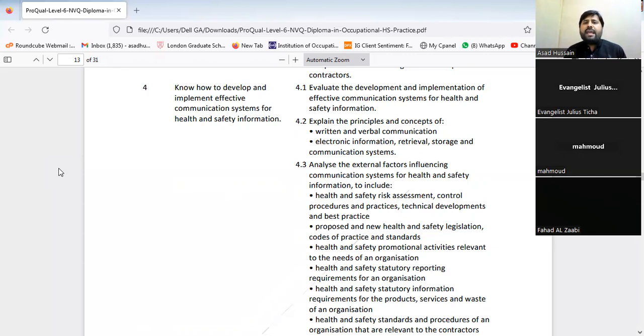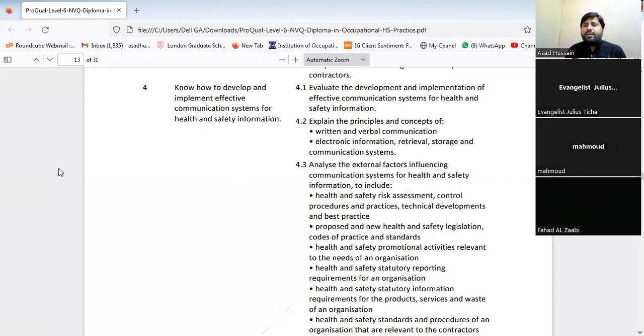Okay. Then we have simply explain the principles and concepts of written and verbal communication, electronic information retrieval, storage, and communication system. So here, what simply you have to do, you have to explain what is written communication, what is verbal communication, what is electronic information, or what is the graphic communication.